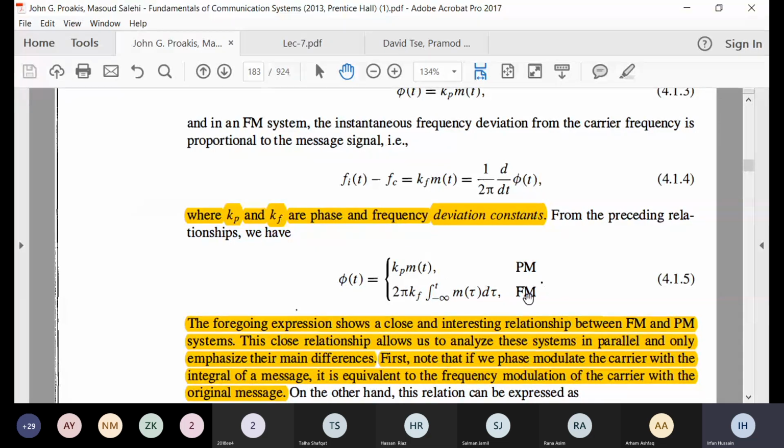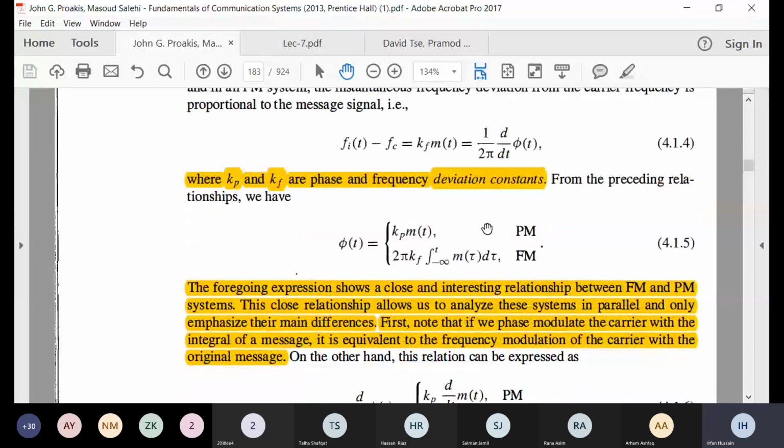If, for example, I have my m(t) signal, but I first integrate my m(t) signal and then I feed it to a PM system, it will become an FM system.